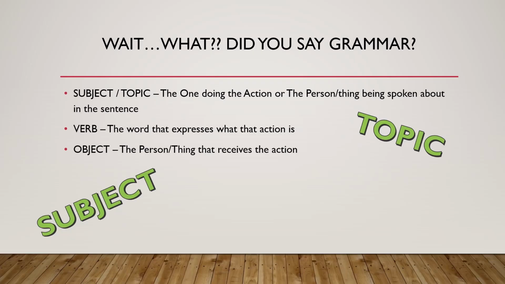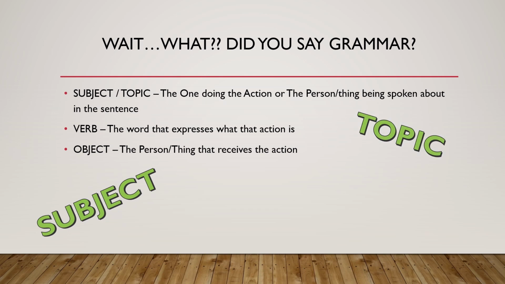Before we go ahead, let us have a recap, because many of us might have learned sentence structure and certain components of a sentence many years back or during our schooling days. So let's have a quick look at what components are used in a sentence to frame it in a correct word order. First is the subject or the topic.